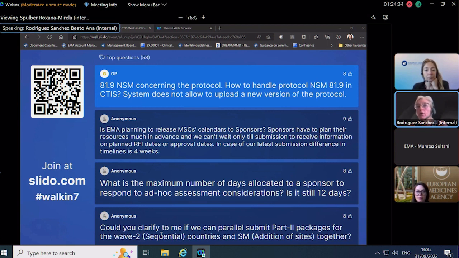And perhaps if you have a close substantial modification to be submitted, you can add it as part of that, is what occurs to me at this moment. But bear in mind that we plan to make some changes in relation to the non-SM to address the 81.9 non-substantial modification in the system in line with the requirements of the Q&A from the Commission.